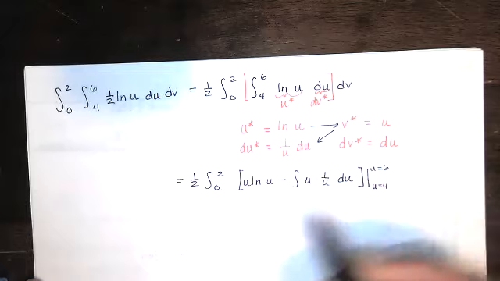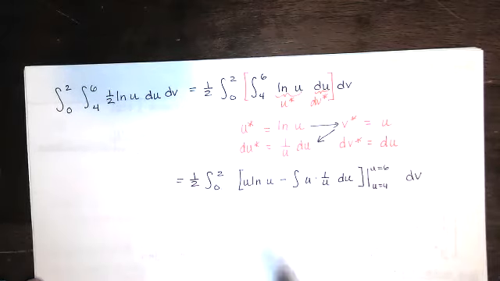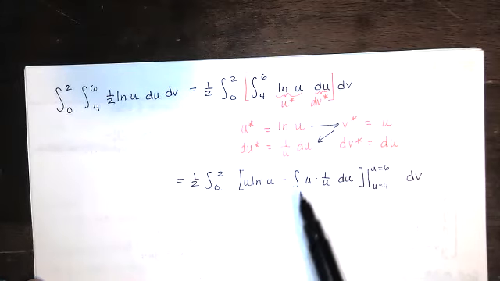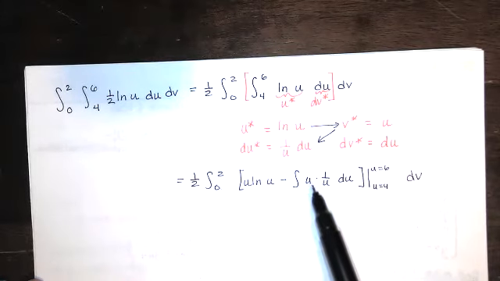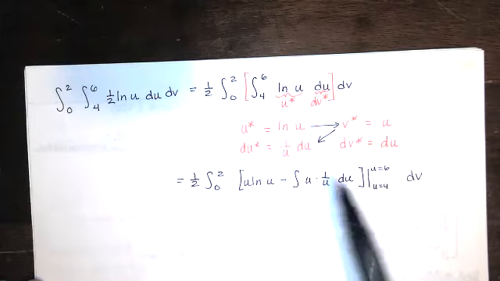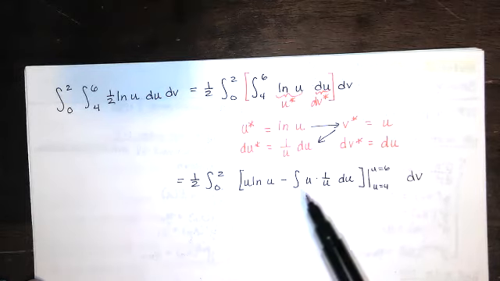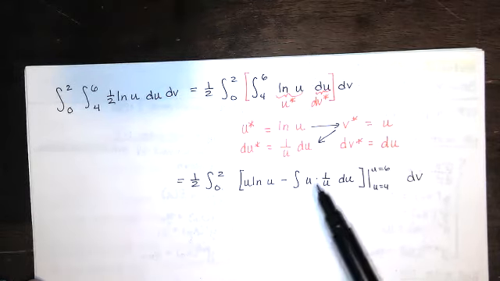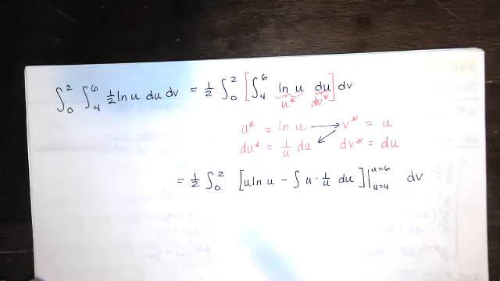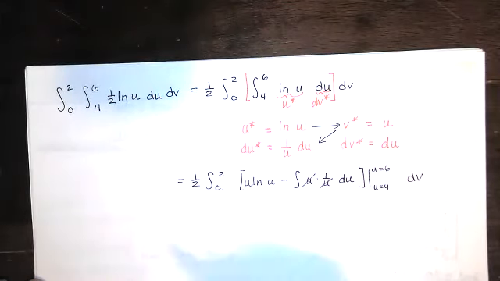I'm just going to put that over there just to remind myself. Don't forget your dv. Now, a lot of students make a mistake here. A lot of students want to just say that that's 1/2 u squared and that's natural log of the absolute value of u and multiply them, but you can't do that. That's not how integration or anti-differentiation works. You have to simplify this first. Turns out the u's reduce and you're just taking the antiderivative of 1.